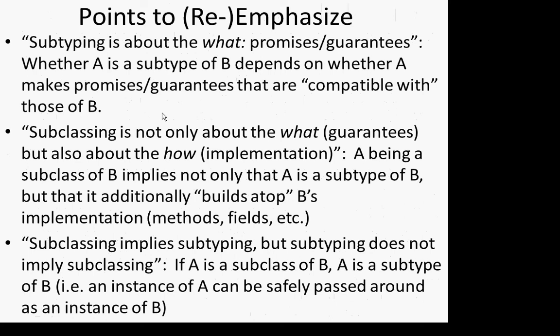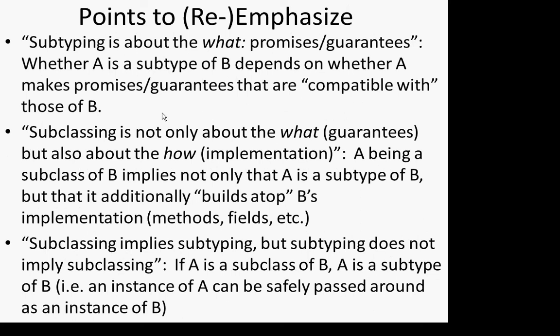Subclassing is not only about the what is guaranteed, but about the how, the implementation. And it carries with it implications of subtype, but it also builds atop the implementation. Finally, subclassing implies subtyping, but subtyping does not imply subclassing. You can have a subtype without reusing the mechanism, without reusing the implementation.